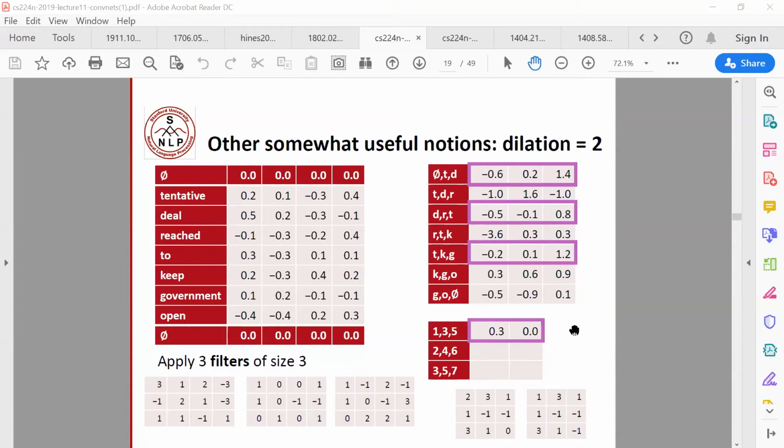In images, dilated convolutions can look at different scales: small scale, medium scale, and large scale features, without increasing your computation load. So I imagine it's similar in sentences, in NLP.